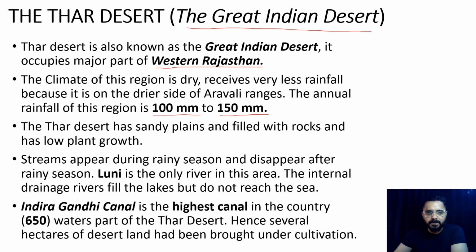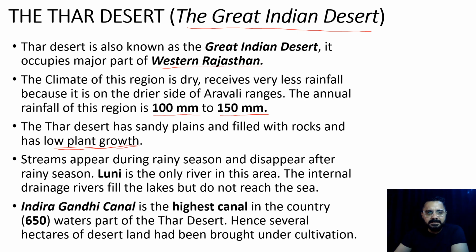It is on the drier side of the Aravali Range. It is a sandy plain filled with rocks, and we get to see only a little plant growth. Only desert trees, palm trees, and cacti and those kinds of plants we get to see in the desert regions of Rajasthan.